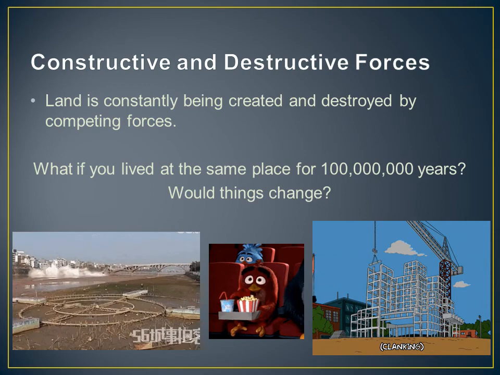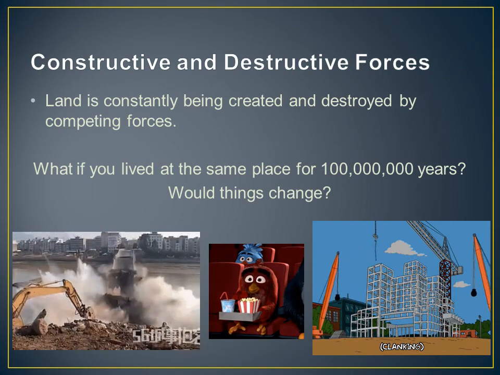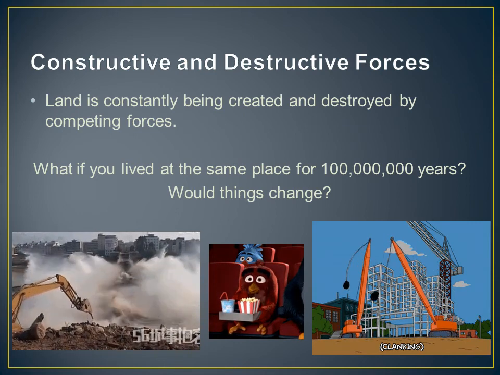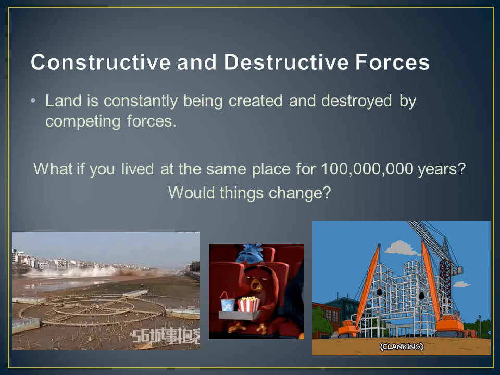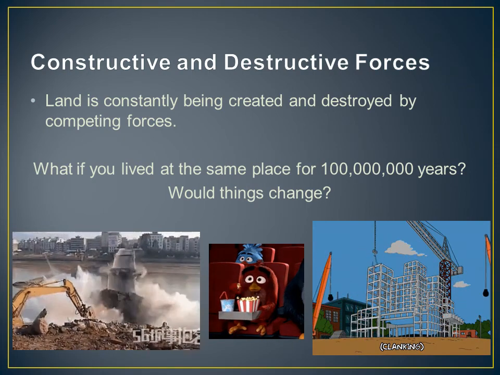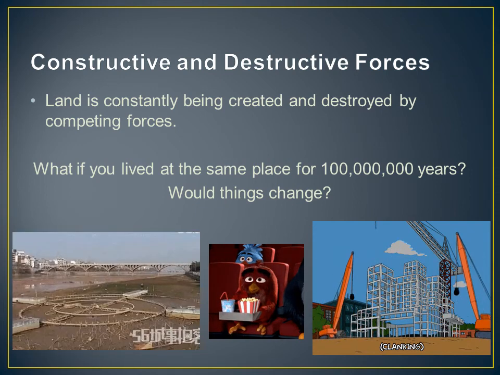You'd perhaps see vegetation, plants, change over those 100 million years. 100 million years is a long time, and a lot changes within the earth in that time. It is a long time, but it's a short time for the earth.